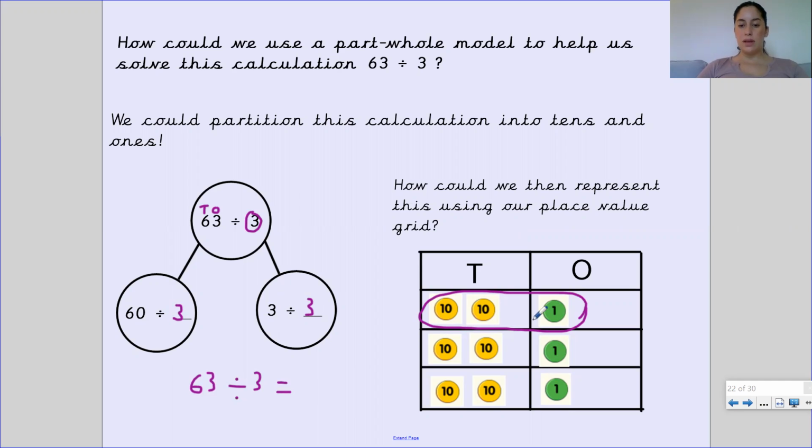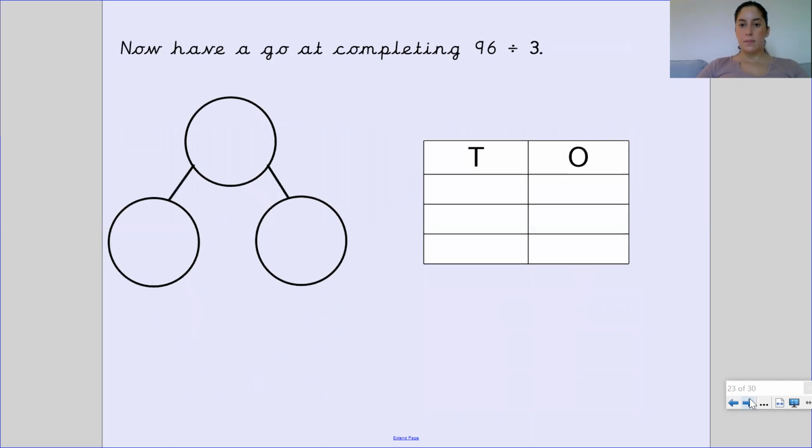And we saw that we have 10, 20, 21 in this group. We also have 10, 20, 21 in this group and 21 in this group. So we've got 21 in each group. So 63 divided by 3 equals 21.